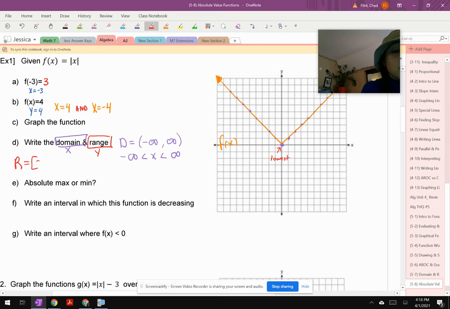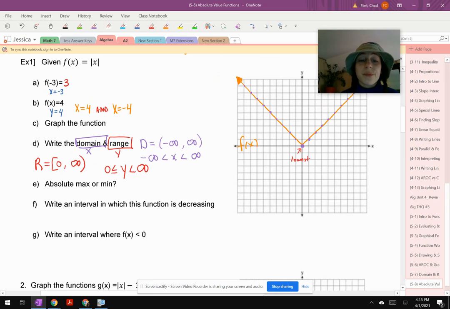And that is included because there was no mention of open circles or anything like that. But it does not have a maximum y value. It keeps going all the way into infinity, so that gets a parenthesis. Inequality notation would be 0 is less than or equal to y, all the way to infinity, not included. And we'll look at E, F, and G next.